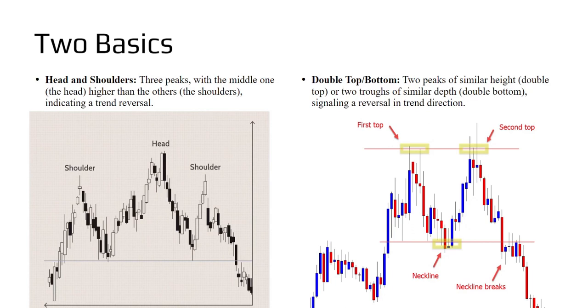And then another one we have for trend reversal is the double top, double bottom. Specifically, this one is going to be the double top here. You've got 2 peaks that are of similar height, and 2 troughs that are of similar depths, right? The double bottom would be the flip of that.